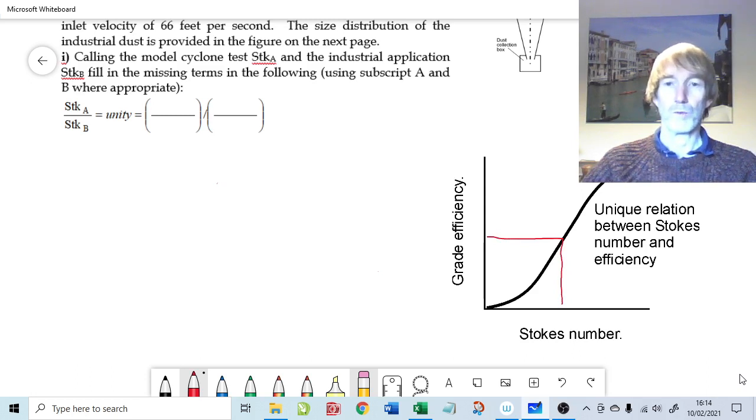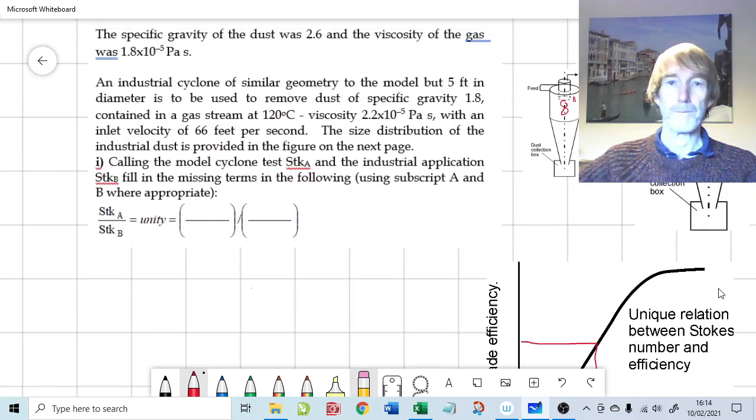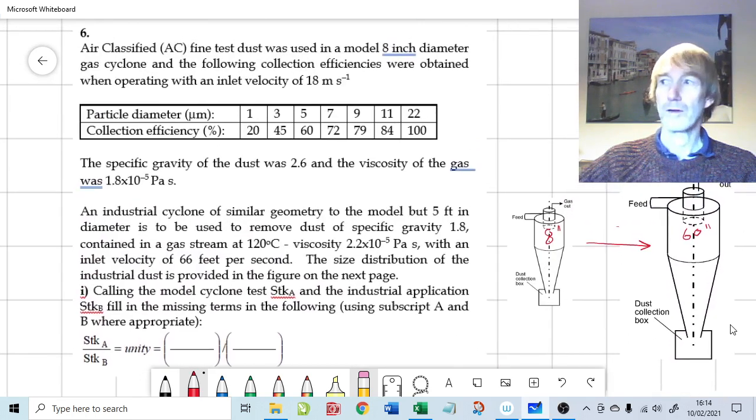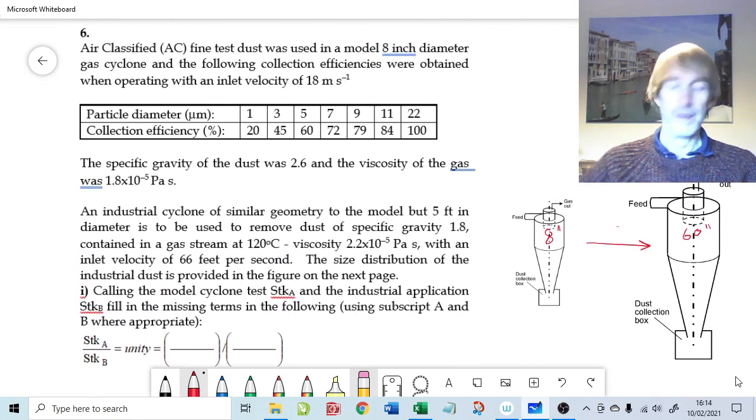So we're going to work out, or transform is the technical term for it, the efficiency data that we are given in the table just here.